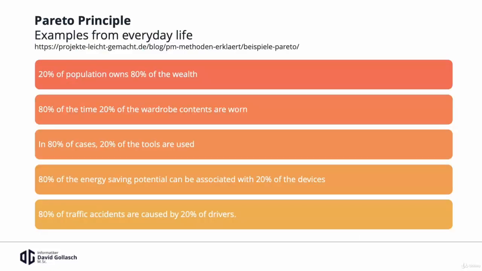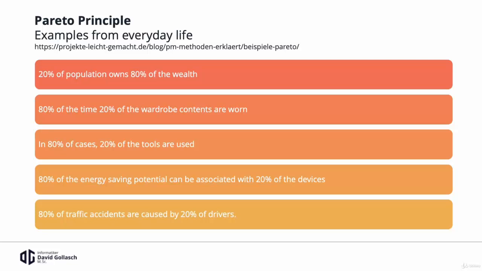The Pareto principle is a phenomenon that you can observe in so many ways in the real world. Often you see an unequal wealth distribution, where generally 20% of the world's population owns 80% of the wealth.